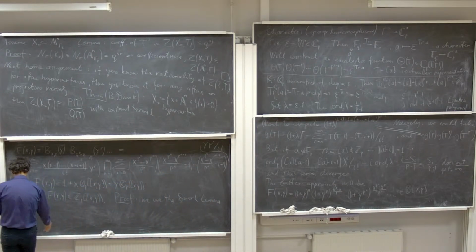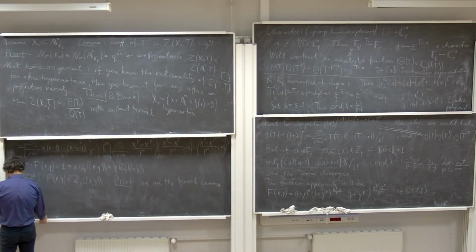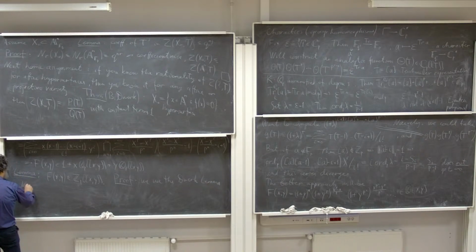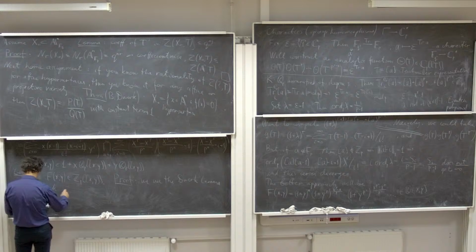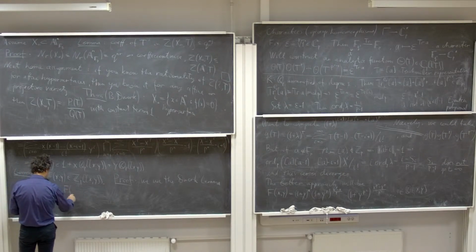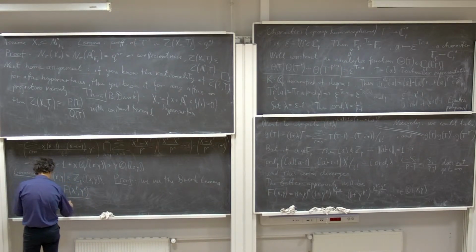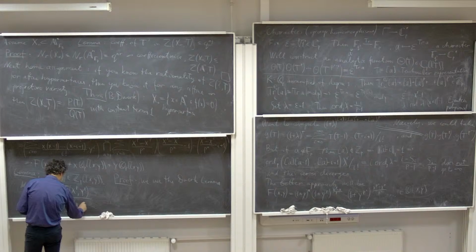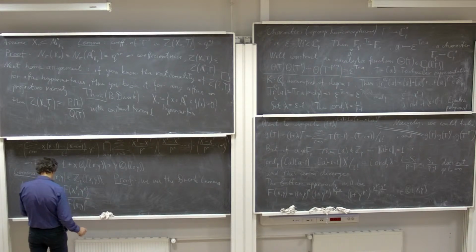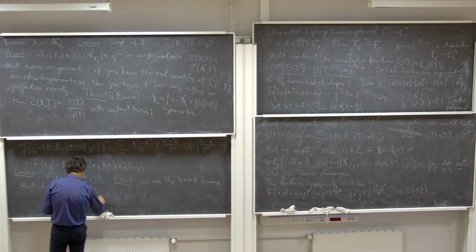So what do we have to check? We must check that when we substitute the pth power of x and y and divide this by the pth power of our function, then we get something which starts with 1 and then is divisible by p.